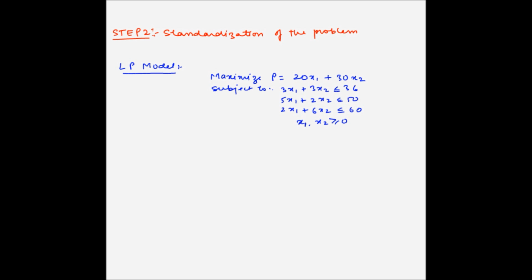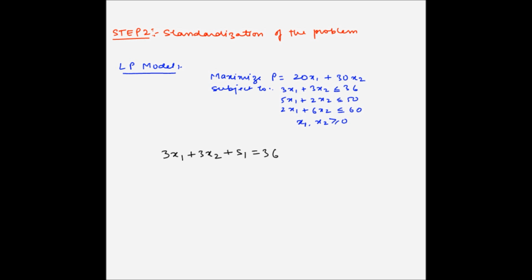So then that 1 hour becomes unused capacity. If we represent the unused capacity at machine M1 by the variable S1, which is a slack variable, then we can rewrite this constraint as 3x1 plus 3x2 plus S1 is equal to 36.